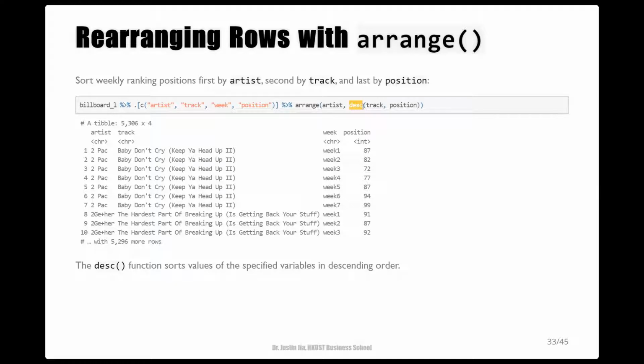So in this example, I first sort observations by artist in ascending order, and then use rank and position to break ties. First sort ties by rank in descending order, and then sort ties by position in descending order as well.